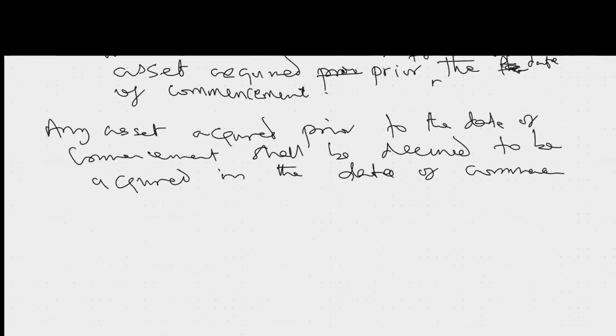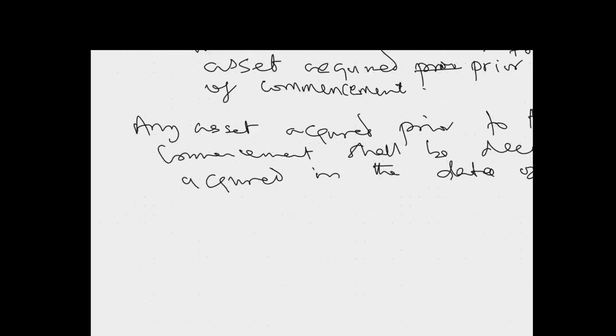So, we said any asset acquired prior to the date of commencement will be deemed to have been acquired on the date of commencement. Therefore, the equipment is deemed to have been acquired on the date of commencement.